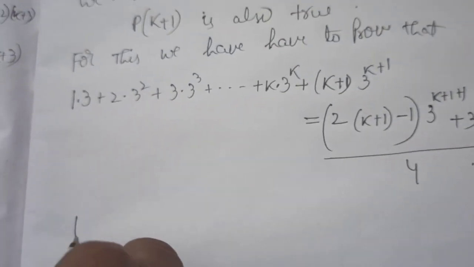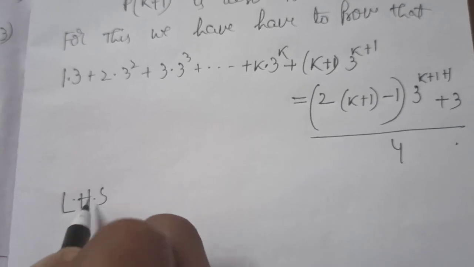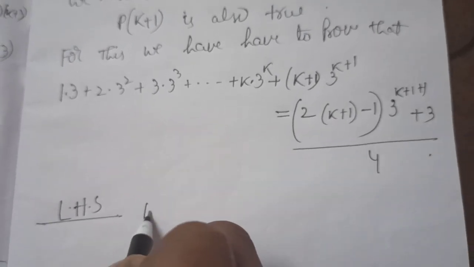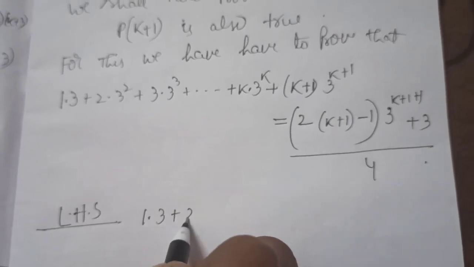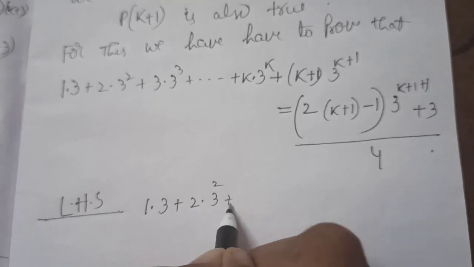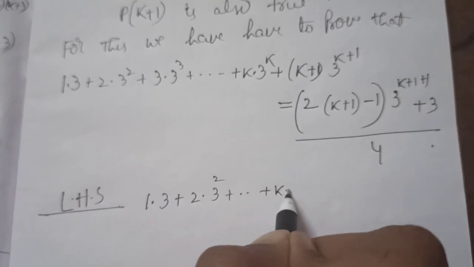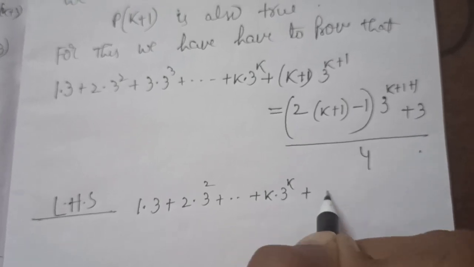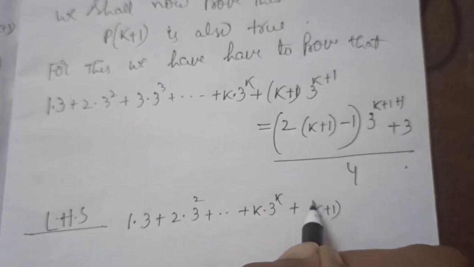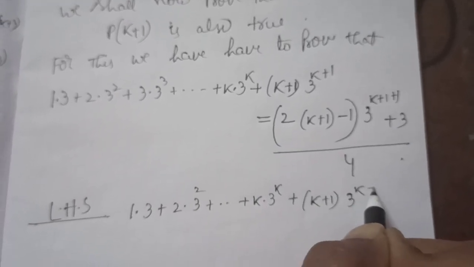So for that, take the left hand side. What is your left hand side? 1 into 3 plus 2 into 3 square plus, continuing in this way, k into 3 to the power k plus (k+1) into 3 to the power (k+1).